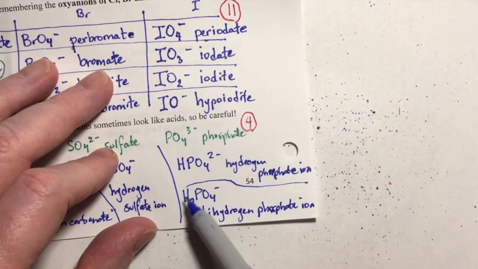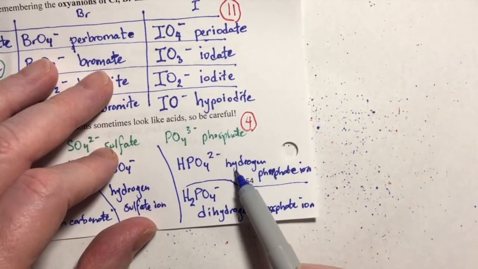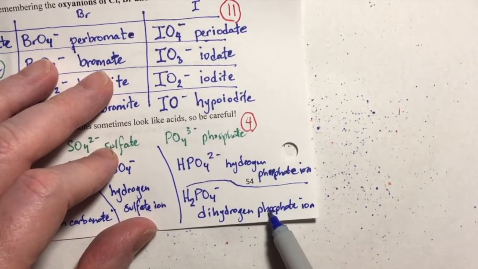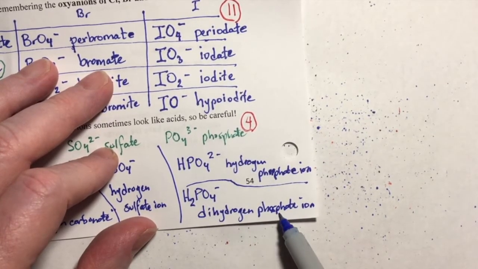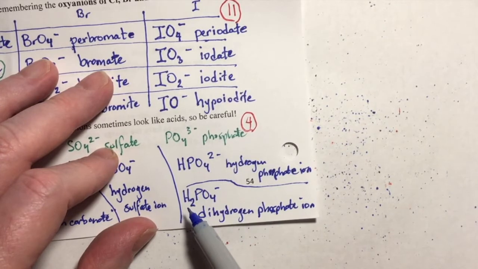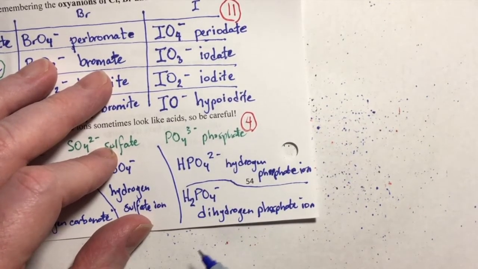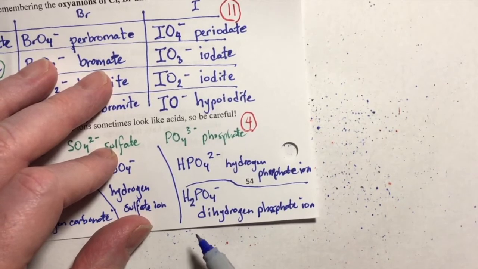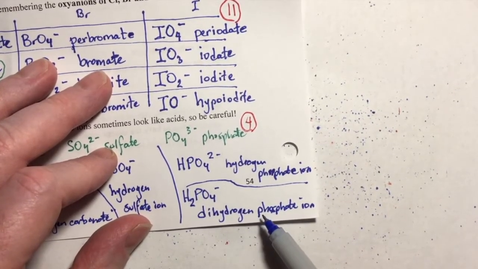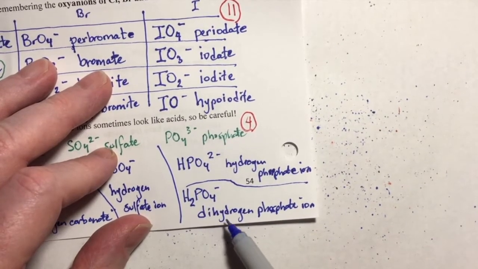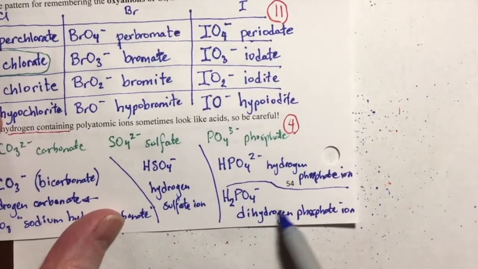When I add a second hydrogen, it becomes a dihydrogen phosphate. These are 2 words that refer to a single ion. Dihydrogen phosphate is just the ion, and I could have that ion paired up with any number of cations. I could have sodium dihydrogen phosphate, ammonium dihydrogen phosphate, calcium dihydrogen phosphate, and so forth. This is just the ion name.